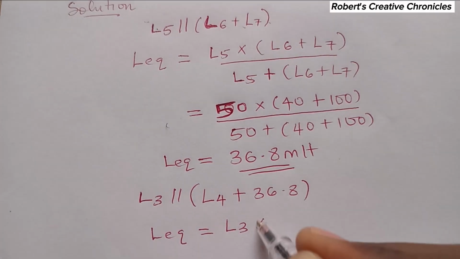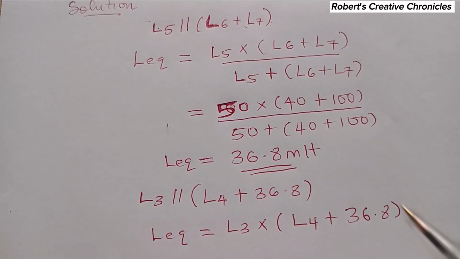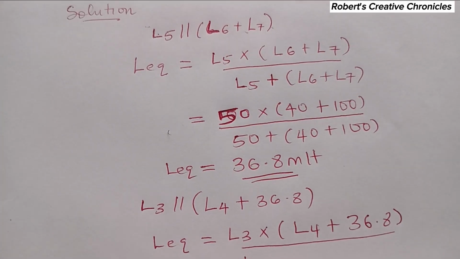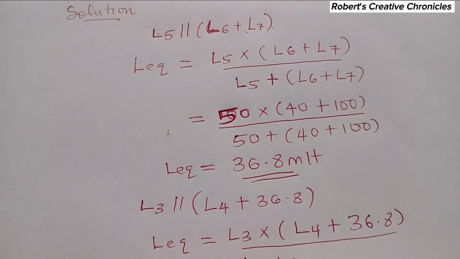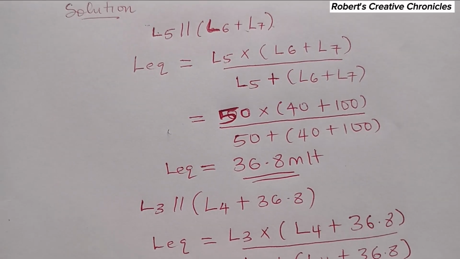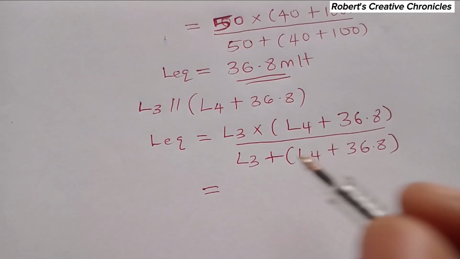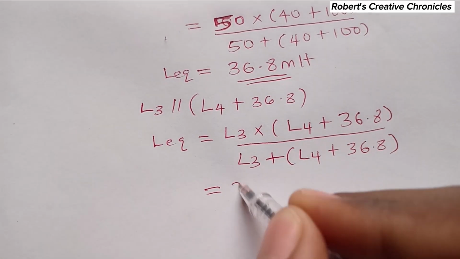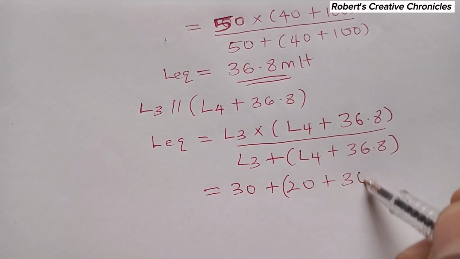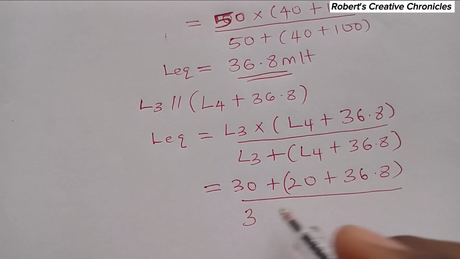In the same way, we find the equivalent inductance for that one. It will be L3 times (L4 plus 36.8) divided by L3 plus L4 plus 36.8. L3 is 30 and L4 is 20.